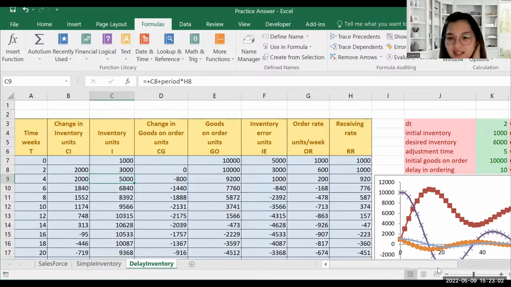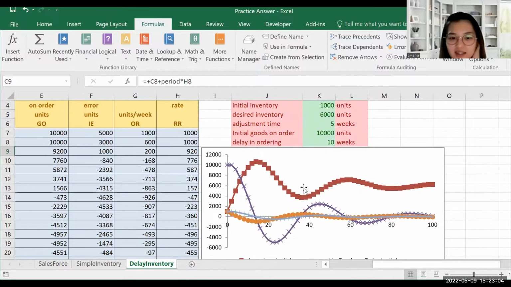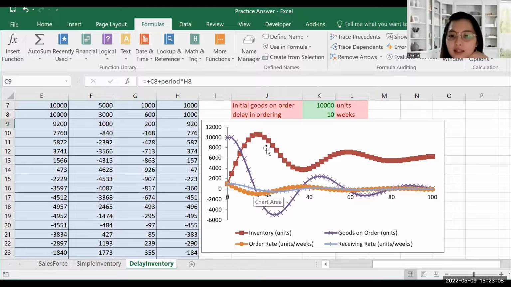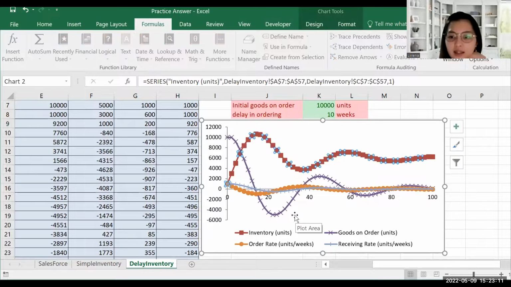Okay, so this is what I want to show you. The fluctuation of the inventory. Say you are working in the factory or in the supermarket or any warehouse. Sometimes you wonder, right? If you plot the inventory, why is my inventory up and down?